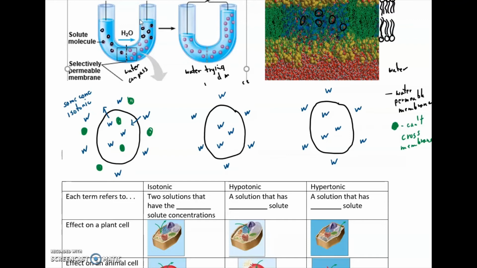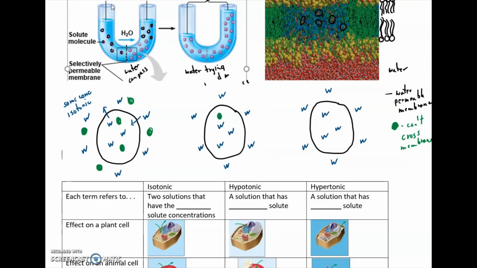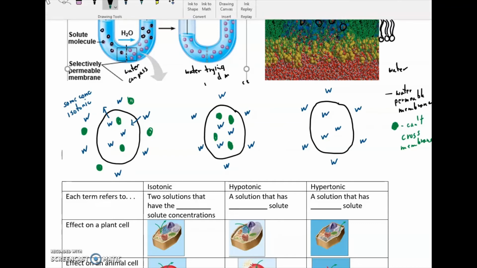In our second example, we're going to put it in a solution. We're going to put the large solute molecule on the inside. Now the green molecule can't pass the barrier, but the water can diffuse normally, and the water will diffuse in.